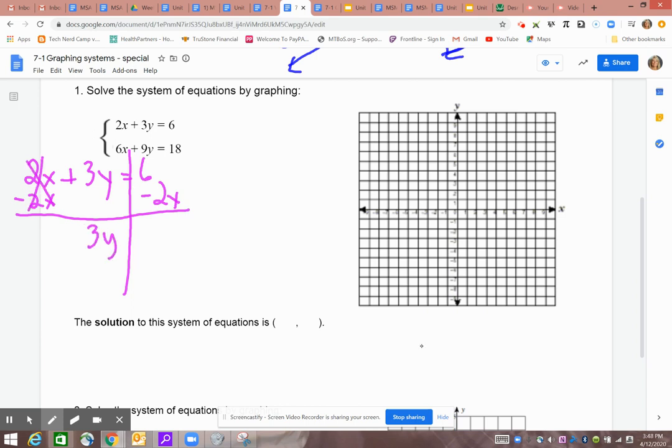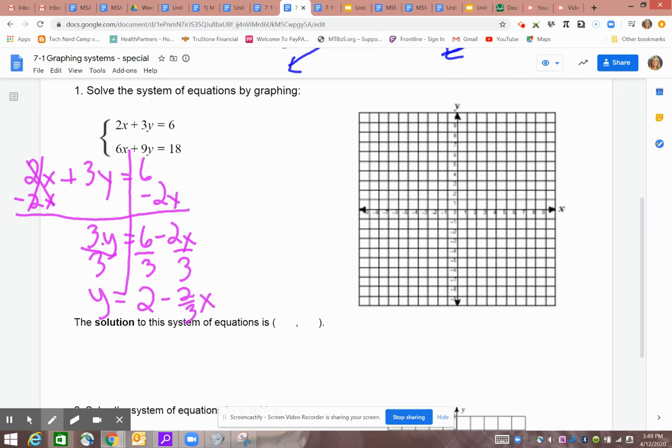I've got 3y equals 6 minus 2x. So far, so good. Now, we still have one step. We've got to get that y alone. So to do that, this is times 3, I'm going to divide by 3 on the left and divide each term by 3 on the right. So my final solution is going to look like this: y equals 2 minus 2/3 x.